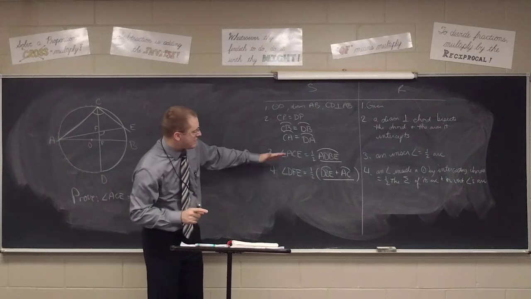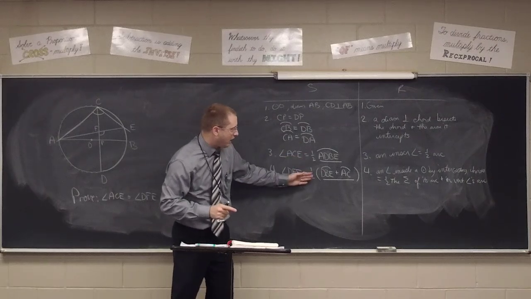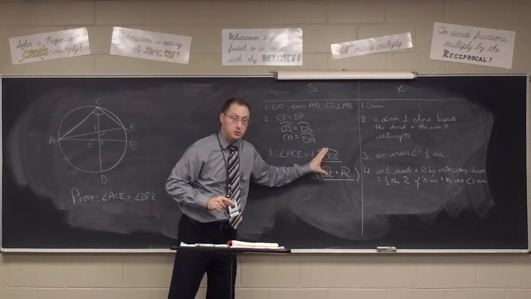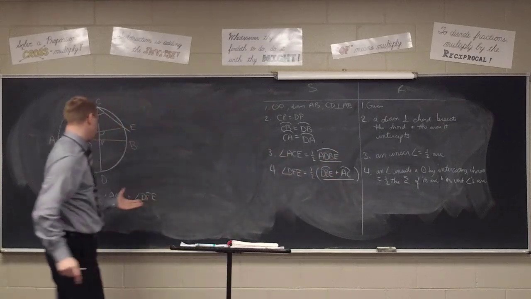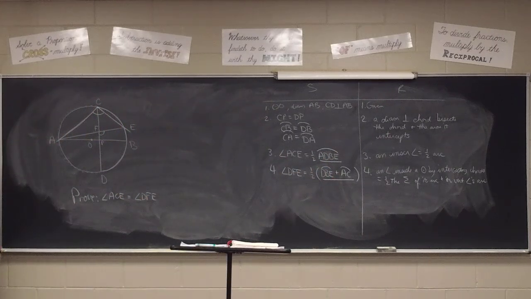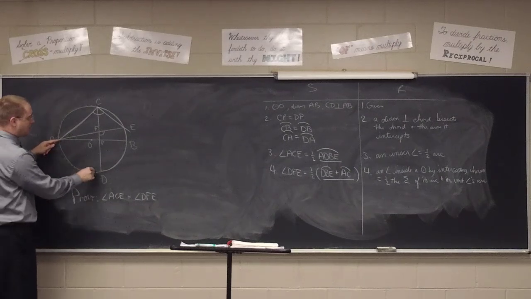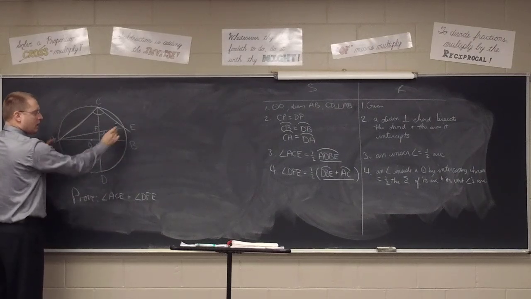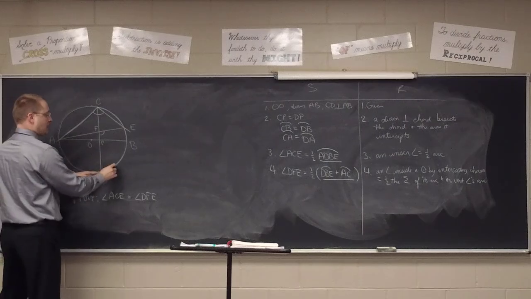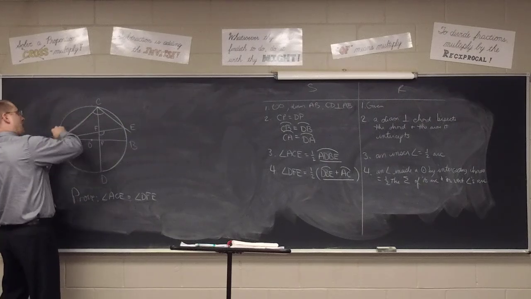Because ACE and DFE are both equal to half of, and if only those pieces right there matched, then ACE and DFE would have to be equal, right? So let's think. How could I get ADBE to be the same thing as DBE and AC?